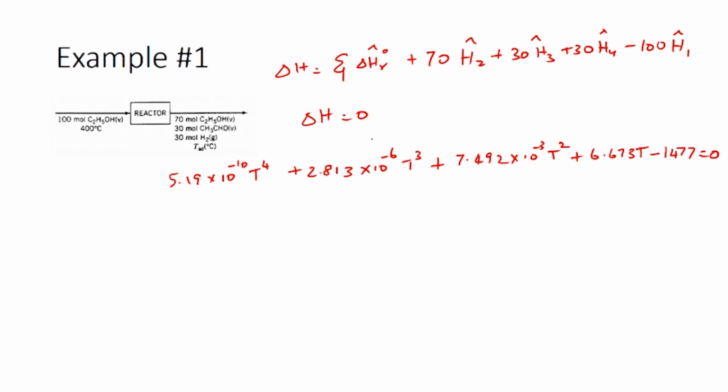So, if you did not have access to a good scientific calculator or a computer which can solve this kind of polynomial, then you can try to ignore these two. However, if you have access to such electronic gadgets, you would want to use this polynomial to get the value for the temperature, and the temperature which you obtain by solving this polynomial would be 185 degrees Celsius. So, with this you get the outlet temperature for the system which we are looking at.